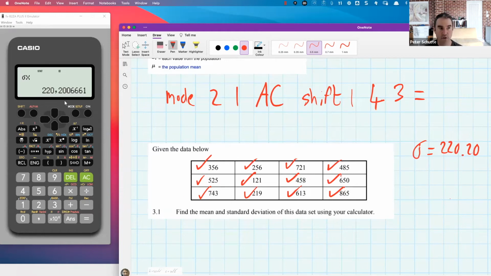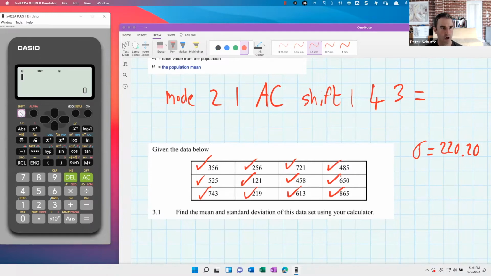Then, if you've got that correct, I want you to try and find the mean using the same menu. So if you hit AC again, and you go Shift, Stat, you then click 4, and I want you to then hit 2 for the mean, and then you get equals.